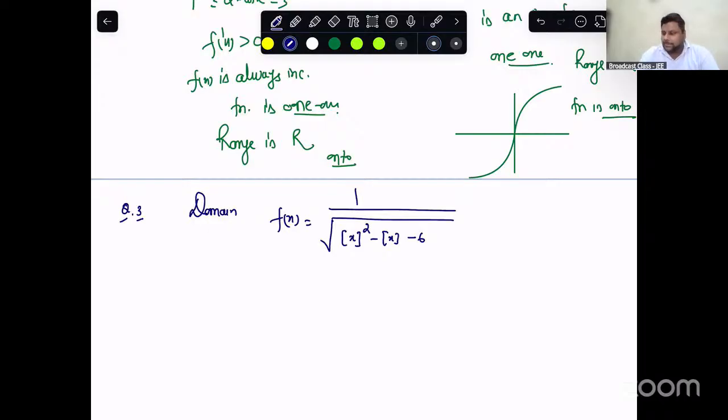Just quickly tell me. This is greatest integer function. This box will represent greatest integer function.